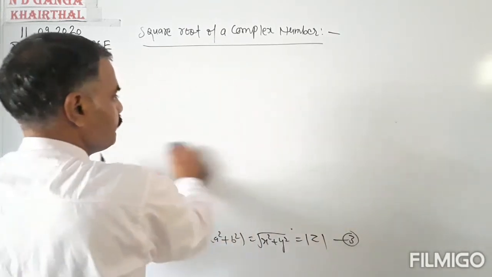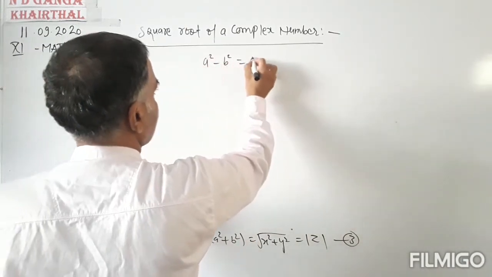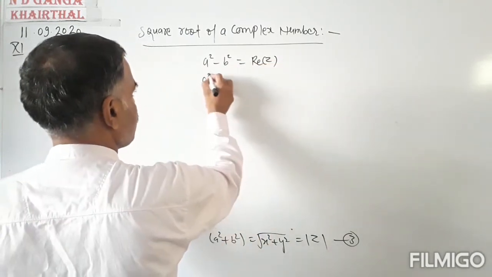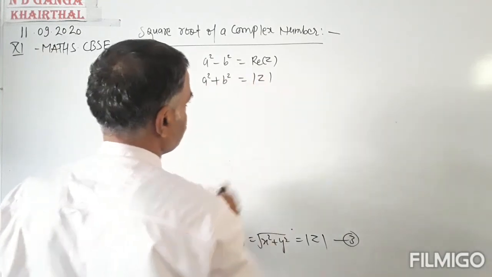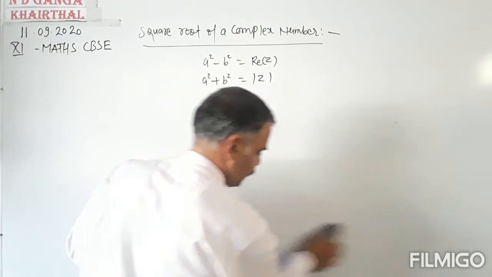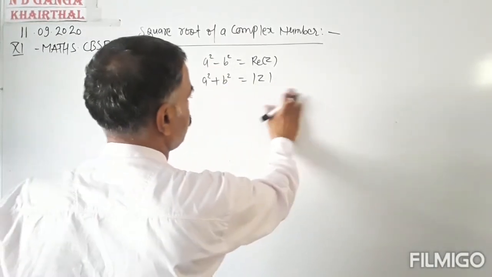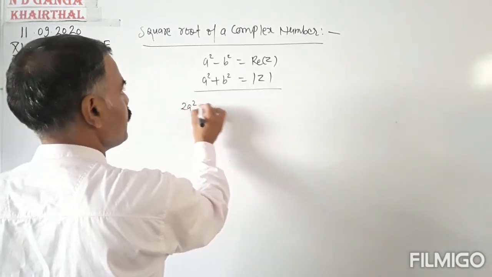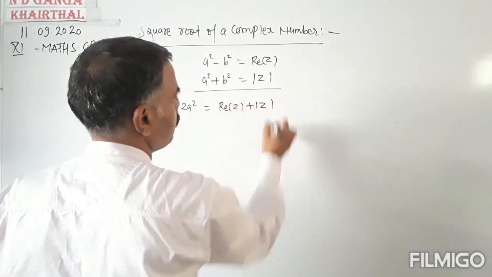So equation number second is a square minus b square equals real part of z, and a square plus b square equals magnitude of z. Adding these two, we have 2a square equals real part of z plus magnitude of z.